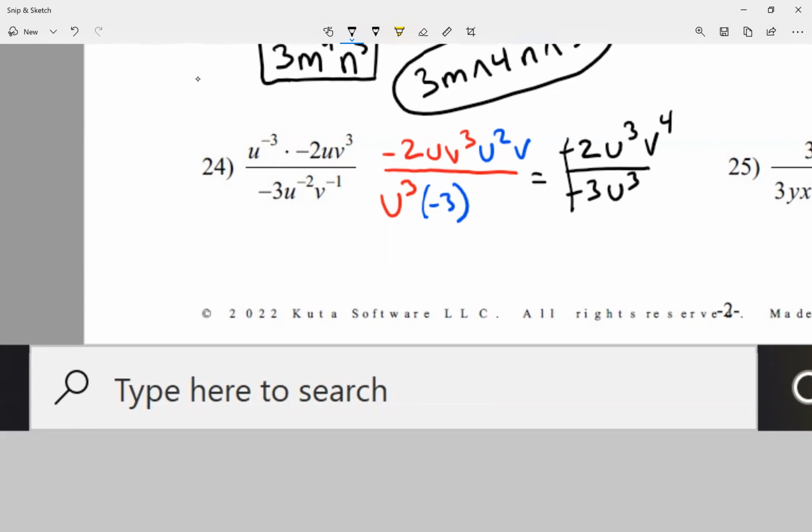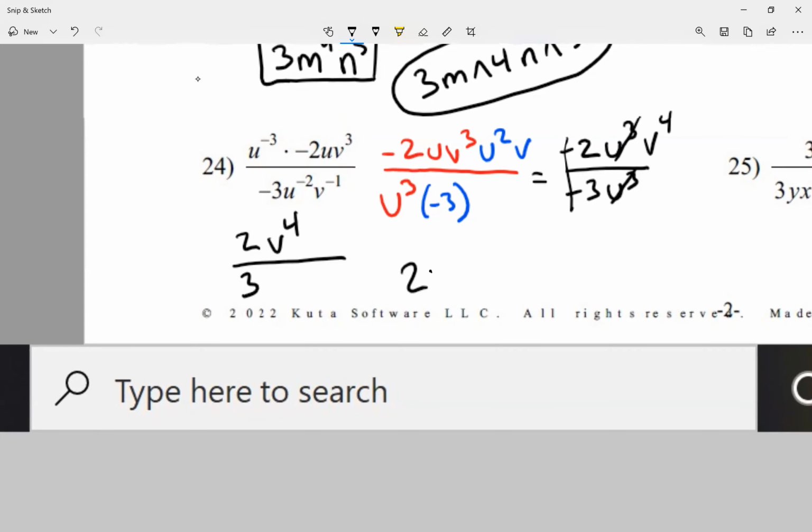Number-wise, I have a 2/3. Nothing I can do. If I could simplify them, I could divide them by something to make them smaller. By all means, do so. When it comes to U, I subtract my exponents and that gives me U to the 0, so they cancel out. And then I have a V to the fourth on the top. So the way I'm going to type this will be 2V to the fourth over 3.